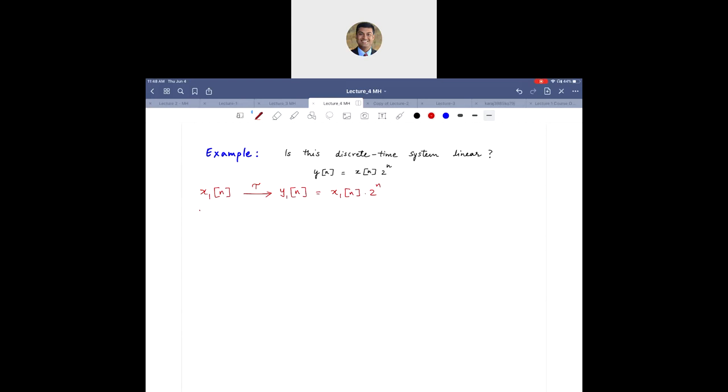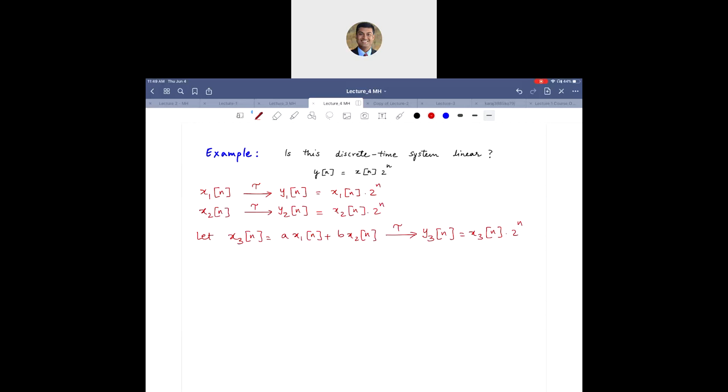Next, we have x2 of n, system operator, y2 of n, x2 of n, 2 raised to n. Next, we have x3 of n, let x3 of n be a x1 plus b x2, go into the system, find the output is going to be y3 of n, which equals x3 of n 2 raised to n.